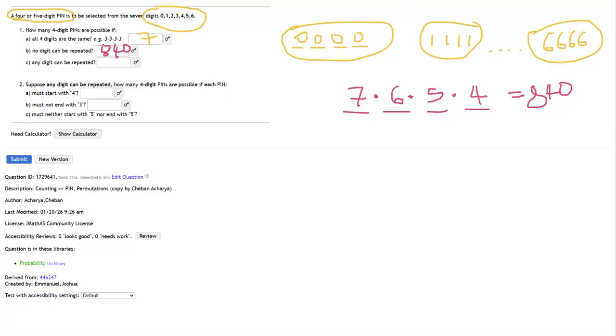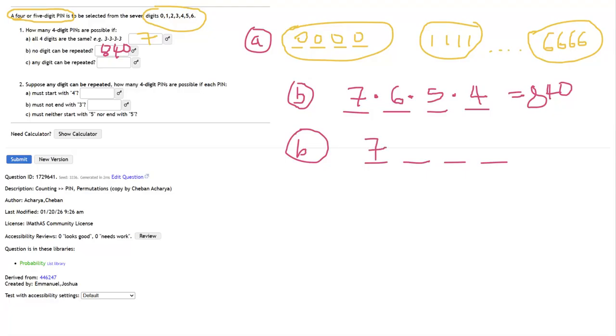Next question: any digit can be repeated. This is part C; that was part B, and part A, obviously. You have to make a 4-digit pin, 1, 2, 3, 4, but you can repeat any digit. The first digit you have 7 choices.